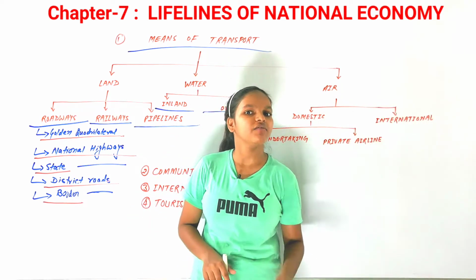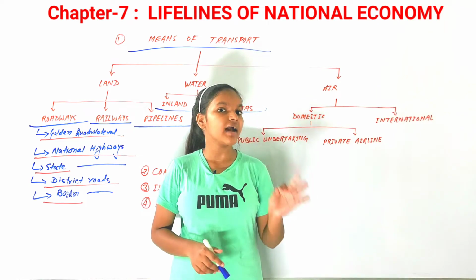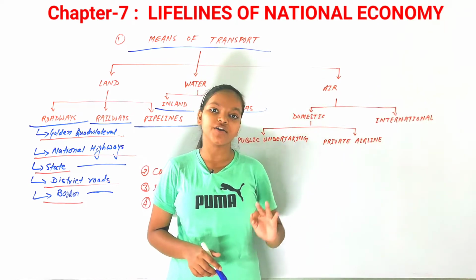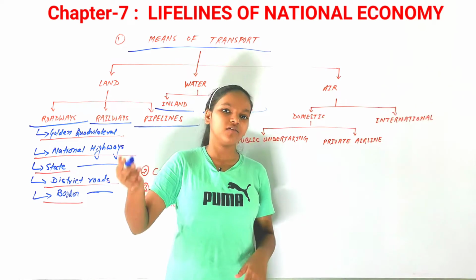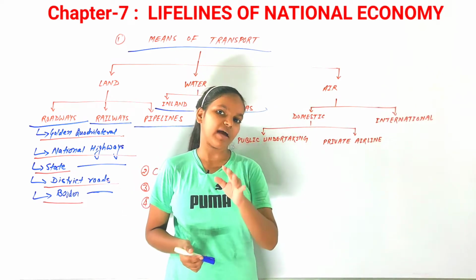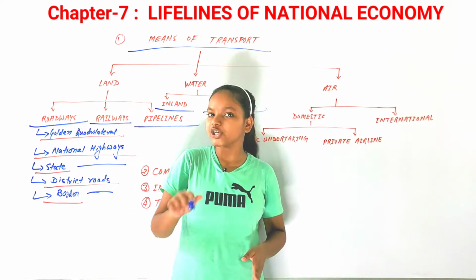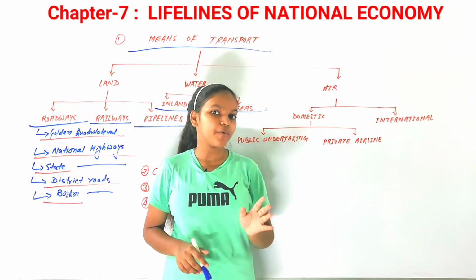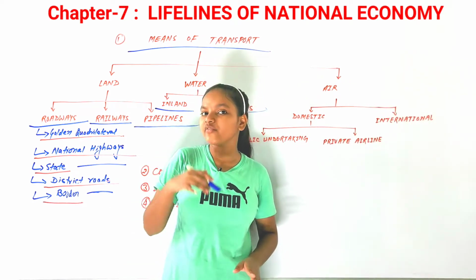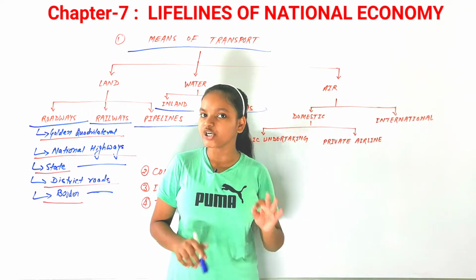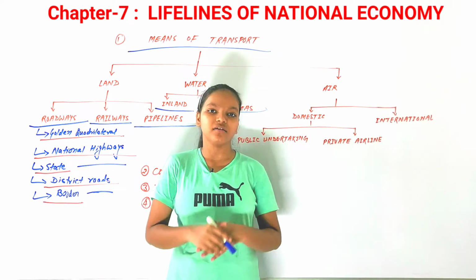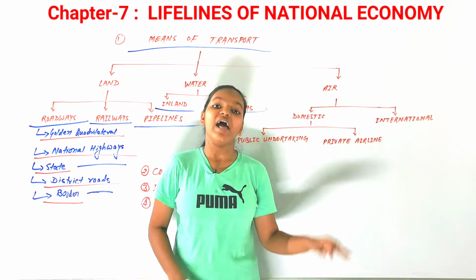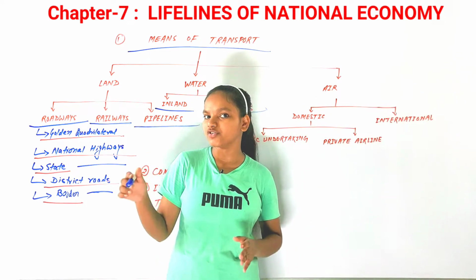As all of you know, there was a partition in our country, and due to that the Karachi port was given to Pakistan. Karachi lies in Pakistan, so there was a lot of pressure on Mumbai port. That is why Kandla port was developed soon after independence to release that pressure from Mumbai port.